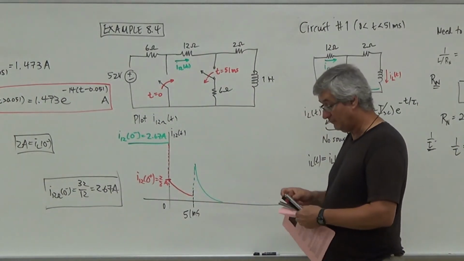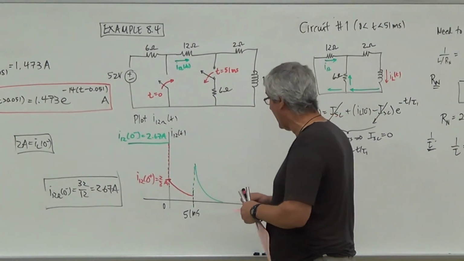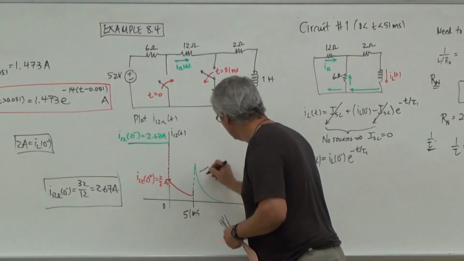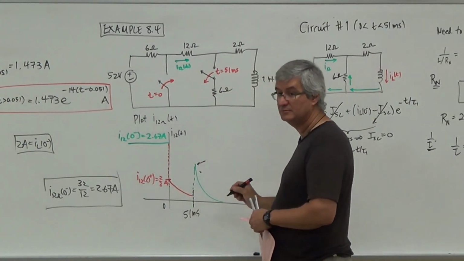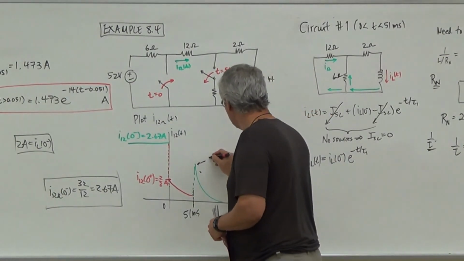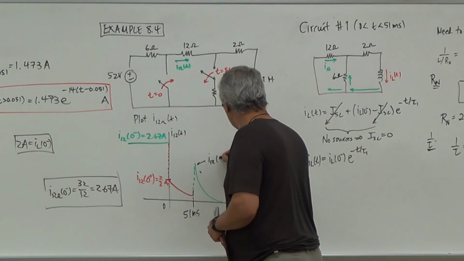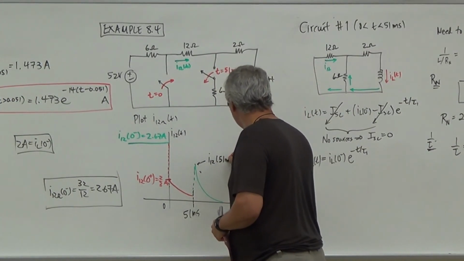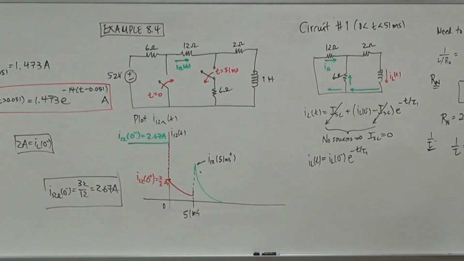So let's be careful with our language again. Note, at this point right here, if I'm on this side of 0, that means I-12 at 51 milliseconds plus, look at my plus, right?